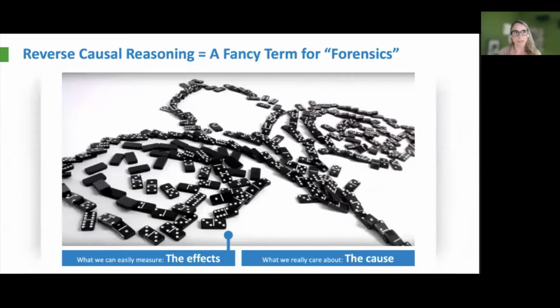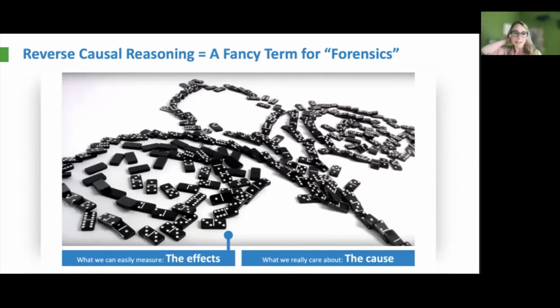So before I dive into the algorithmic part, reverse causal reasoning is really just a very fancy way of saying forensics or forensic reasoning. The easiest, simplest way that I think about it is what you're seeing right here, where the dominoes have fallen over, you walk into the room, and it is your job as the agent to figure out who knocked over all of those dominoes.